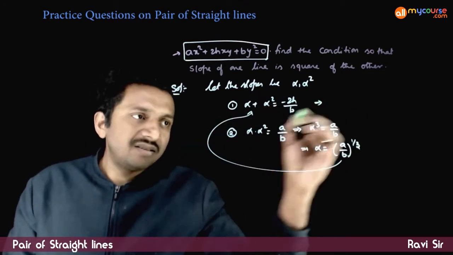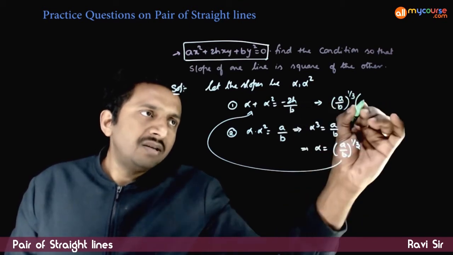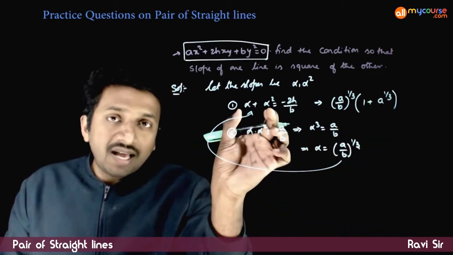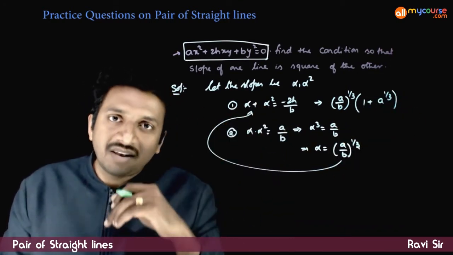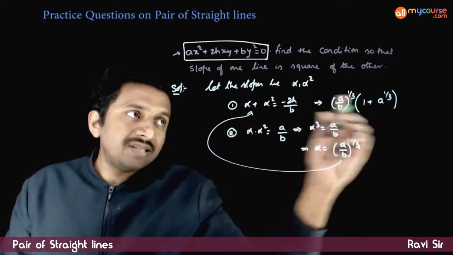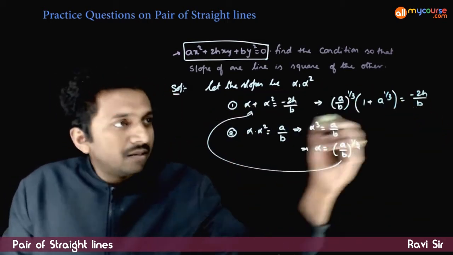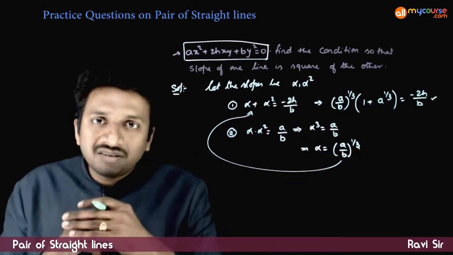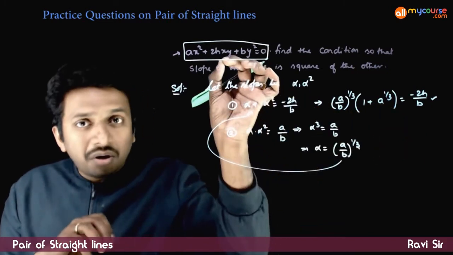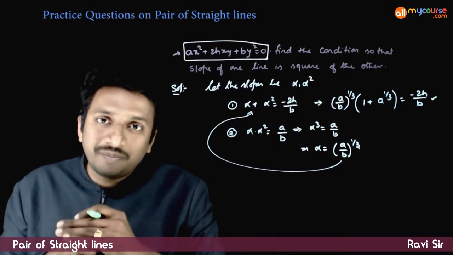Alpha times 1 plus alpha, that is a by b whole power 1 by 3 times 1 plus a by b whole power 1 by 3, is equal to minus 2h by b. So this will be the condition which ensures that one slope is the square of the other slope.